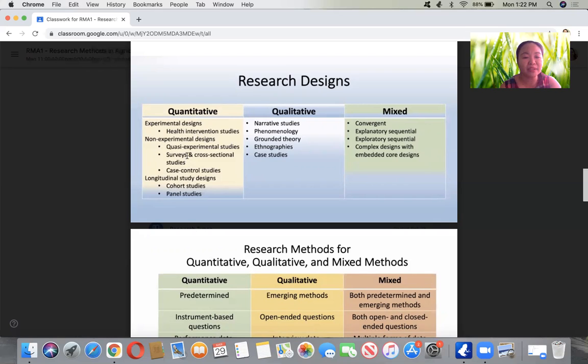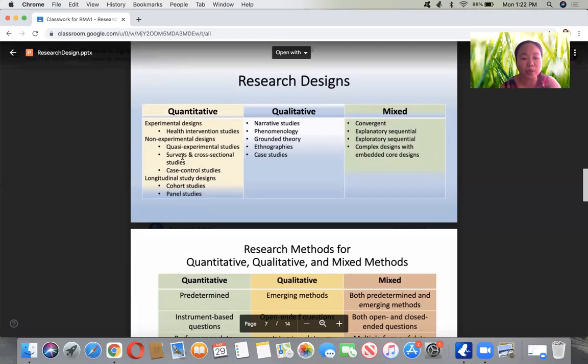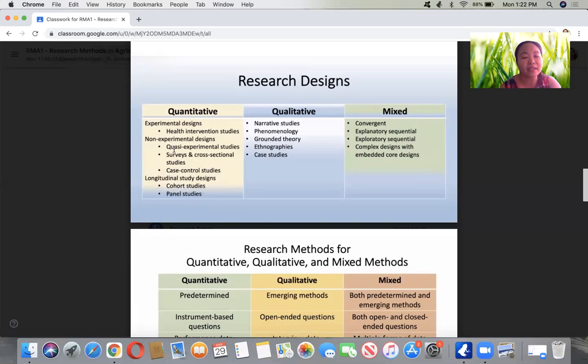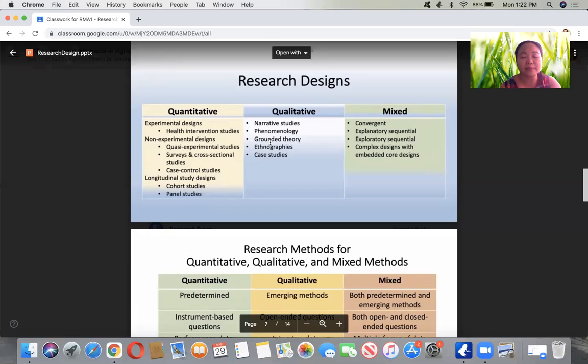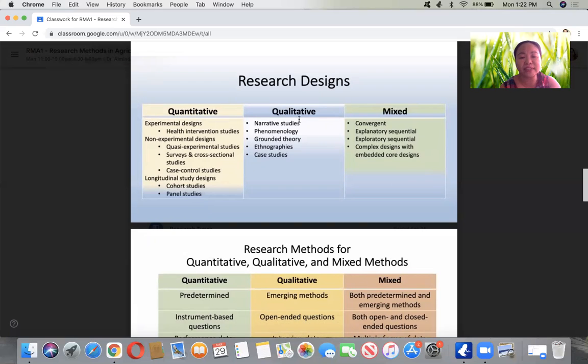Non-experimental designs could also be quasi-experimental studies, surveys, cross-sectional studies or case control studies that still fall under quantitative, although they are non-experimental. And the longitudinal study designs like the cohort studies and the panel studies. And for the qualitative naman, this can comprise narrative studies, phenomenology, grounded theory, ethnographies, case studies. Those are our qualitative.